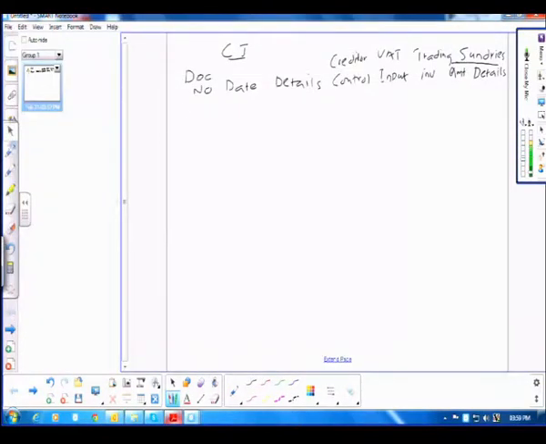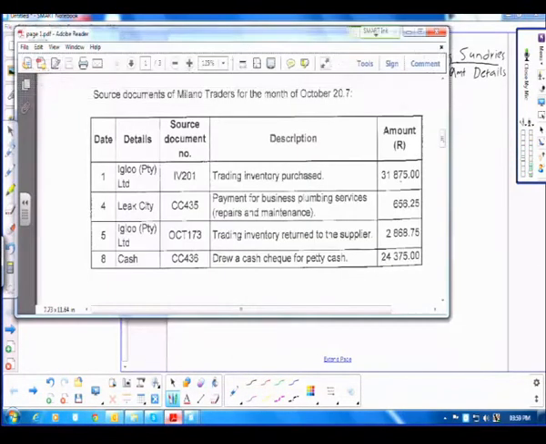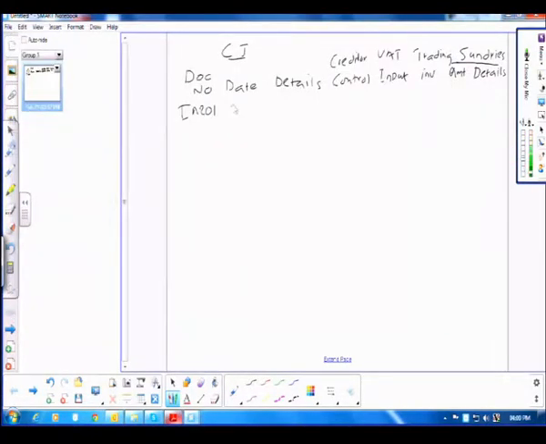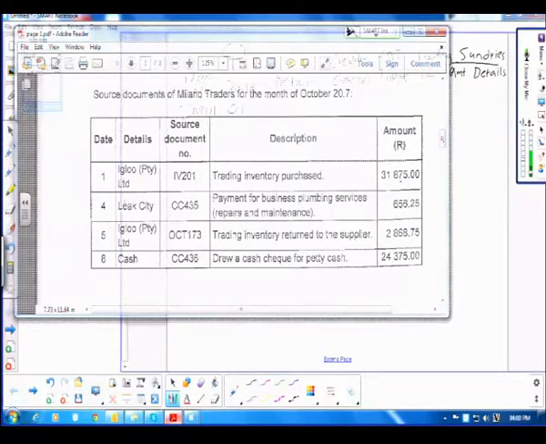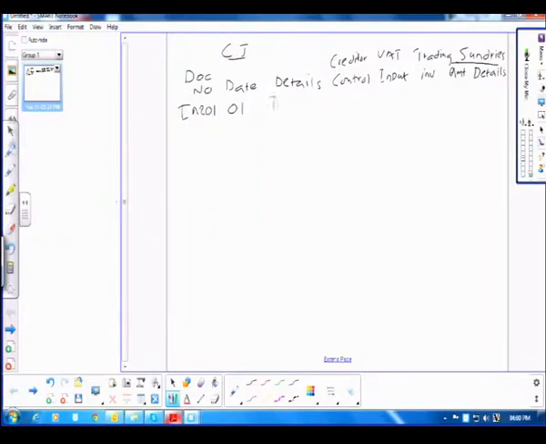So you're going to say document number IV201. That's the source document number. What is the date? The date is the 1st. So you're going to say the 1st, and then what is the details? Details is Igloo Pty Ltd. So this basically you just reproduce what has been given to you.